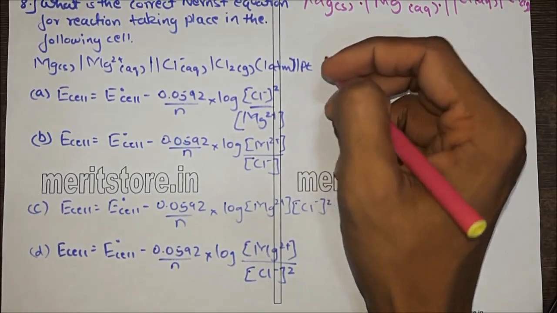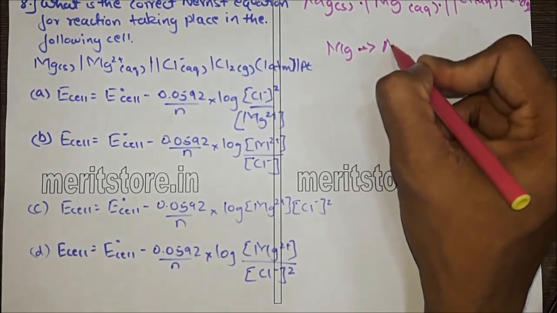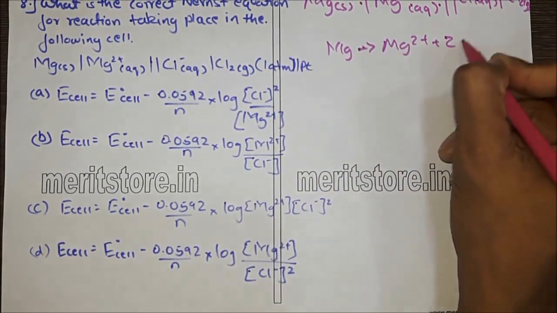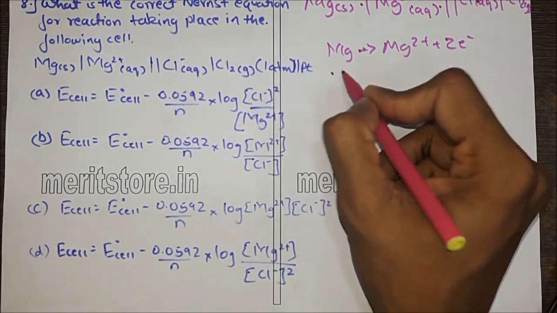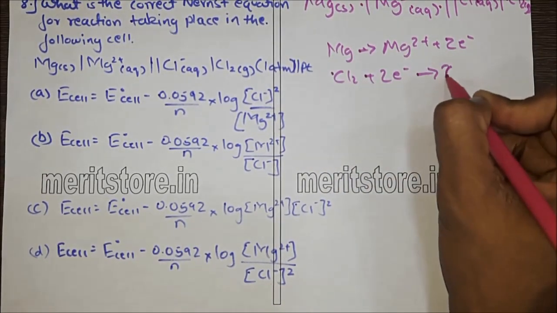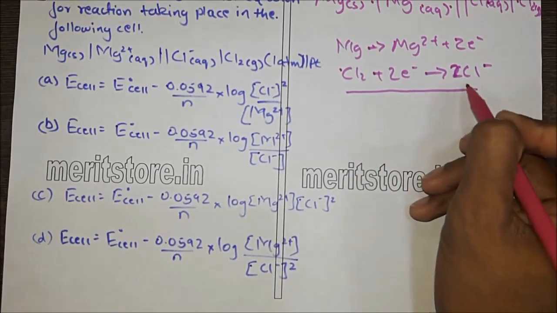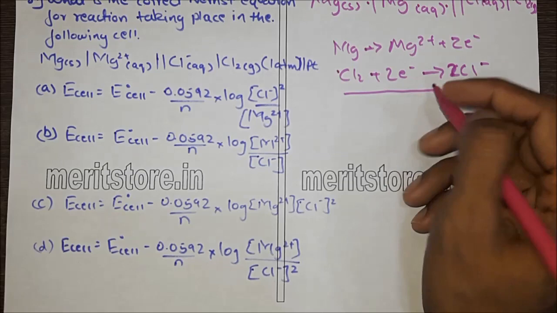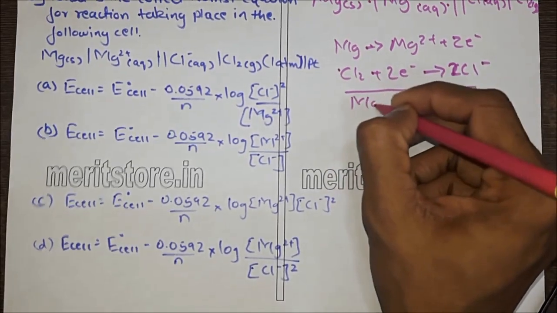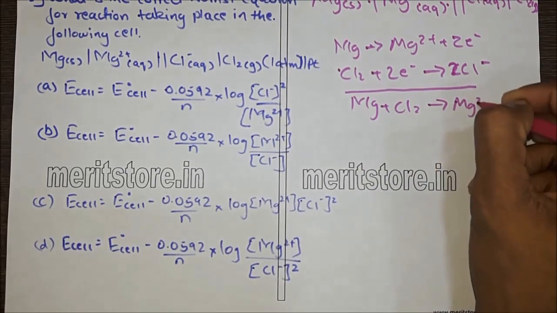The oxidation of the cell reaction can be written as Mg gives Mg2+ plus 2e, and the reduction, that is Cl2 plus 2e, gives us 2Cl-. So the net cell reaction, that is the total reaction, we get as Mg plus Cl2 gives Mg2+ plus 2Cl-.